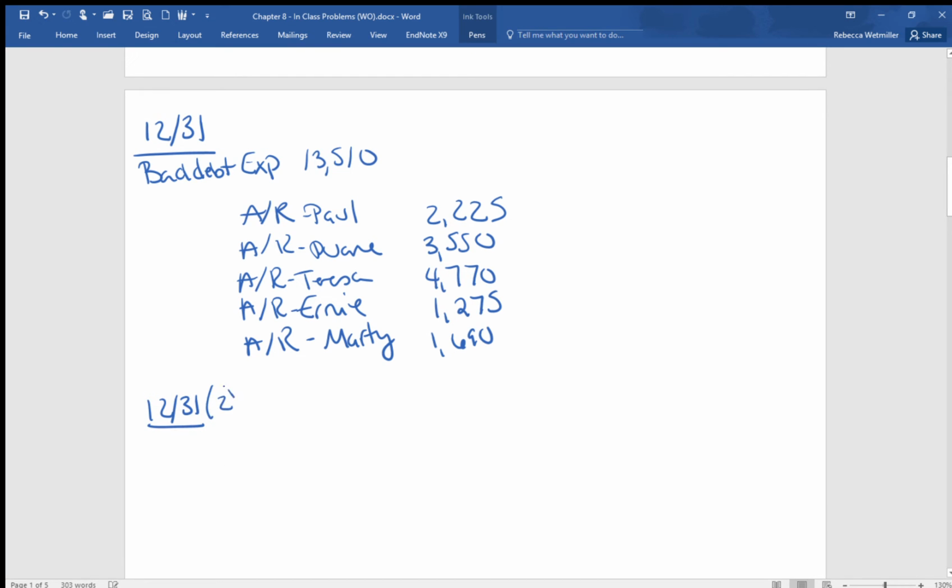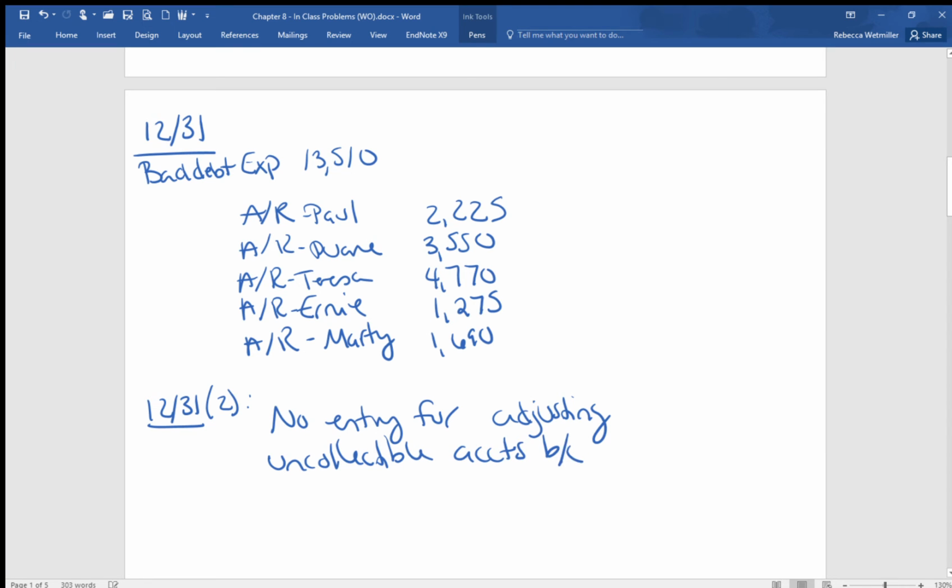So this is the second one. And we have no entry for adjusting uncollectible accounts because we're using the direct write-off method.